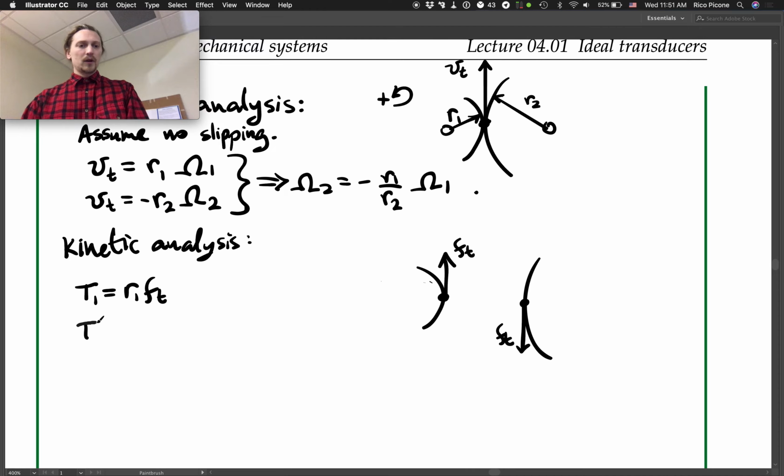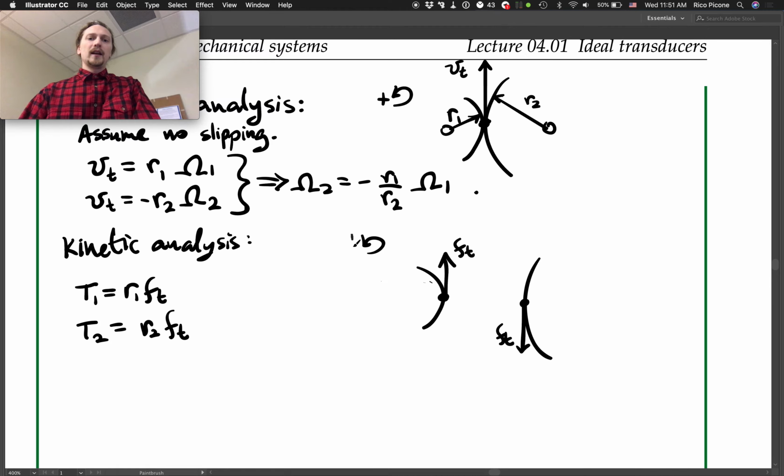And torque 2, is this going to be positive or negative R2 Ft? Remember, we defined this to be positive, and in both cases, the force direction is the positive rotation direction. So they're both positive.